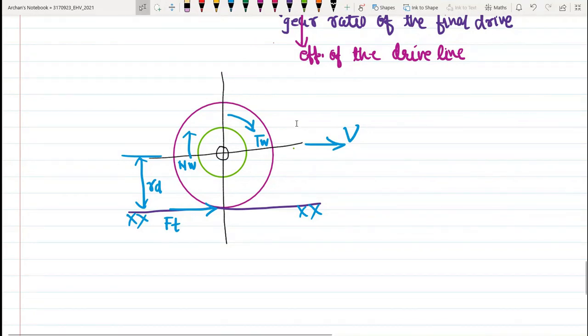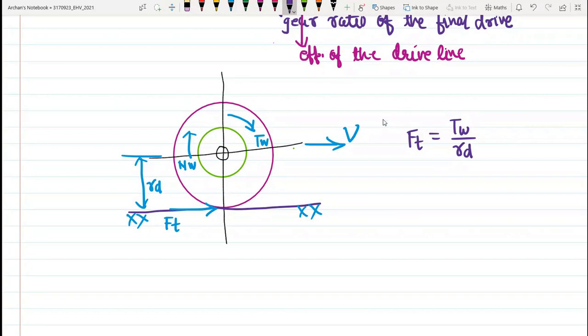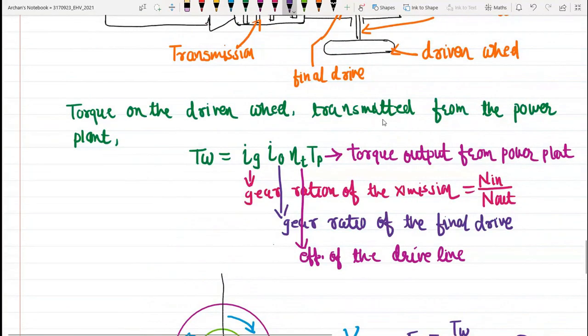So the tractive effort on the drive wheels, as you can see in this figure, can be expressed as Ft equal to Tw by Rd. We know this is basic physics, right? Let us call this equation number 2 and the earlier equation number 1.